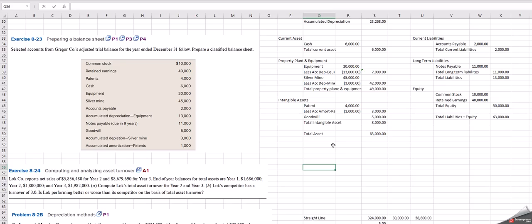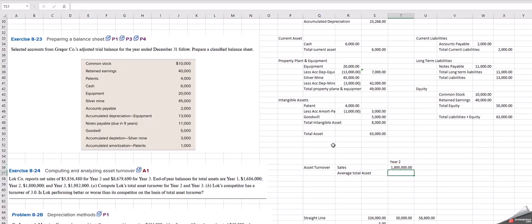So our asset turnover is our sales divided by our average total assets. So in this case, we'll just do the 1 year. So we'll just do year 2. So our sales for year 2 are 1,800,000.